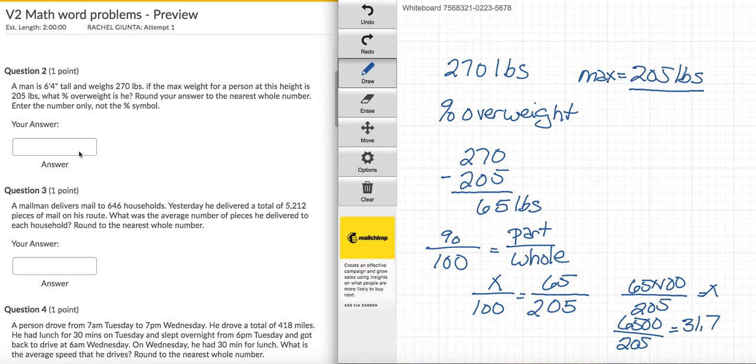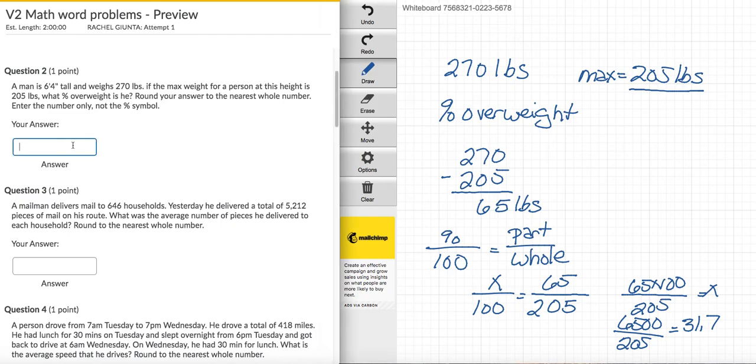But if it's a fill in the blank question, which some of them are, it will give you instructions on how to round. In this case, round it to the nearest whole number. Whole number means nothing past the decimal. And because we have a 7 here, that makes the 1 round up to a 2. So the answer is just a straight up 32.